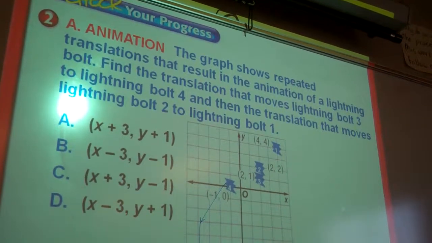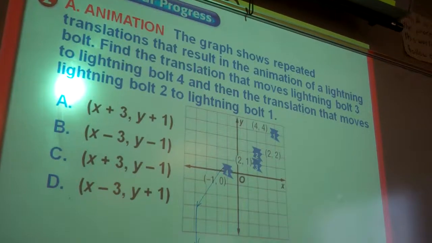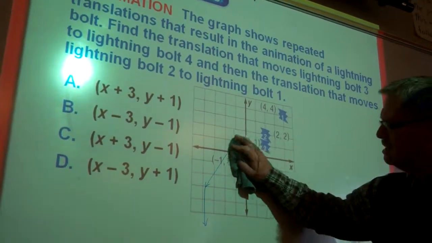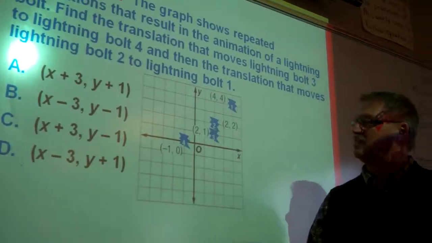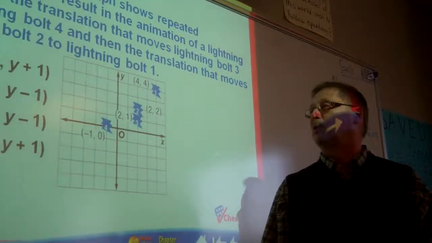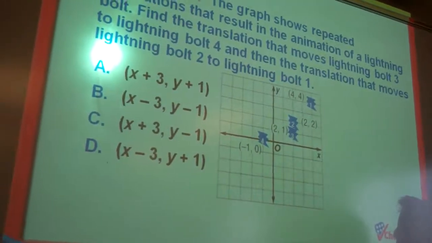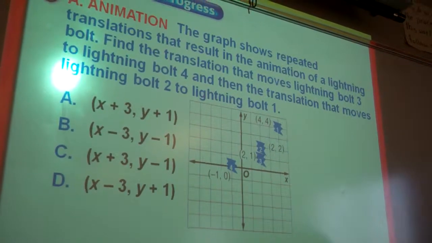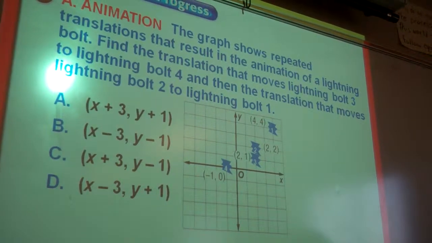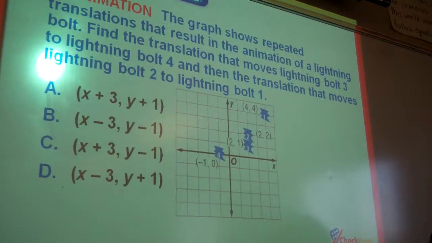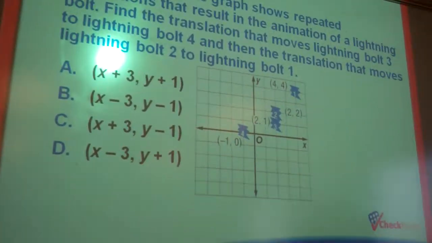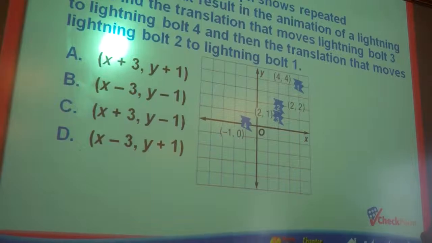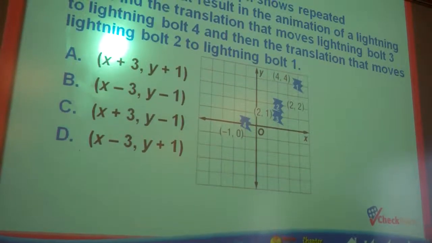This question is talking about moving lightning bolts. Supposing we could move a lightning bolt, and we want to move lightning bolt 3 to lightning bolt 4, and then lightning bolt 2 to lightning bolt 1.